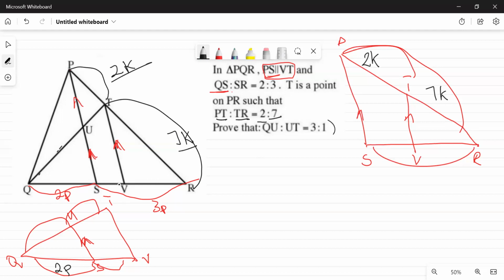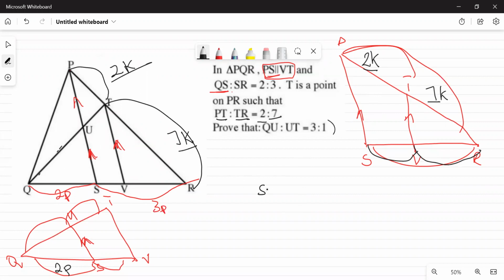Let's go and get things that we can get from the proportionality theorem. What are the things that you can get from the prop theorem? You can get SV to VR, which can be written as 2:7. So we're going to write that because we're getting it from the proportionality theorem.